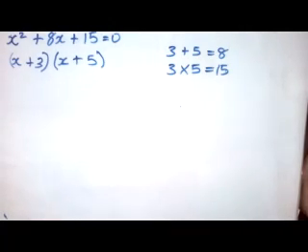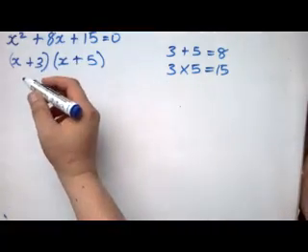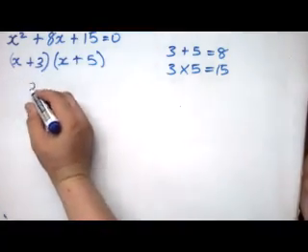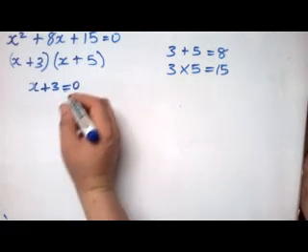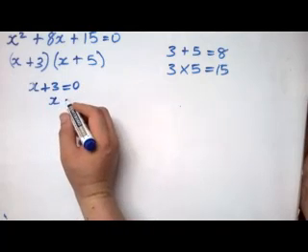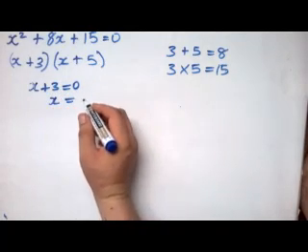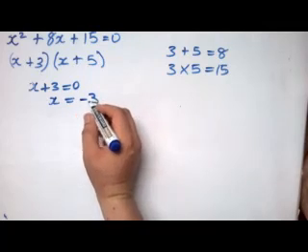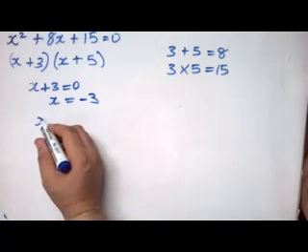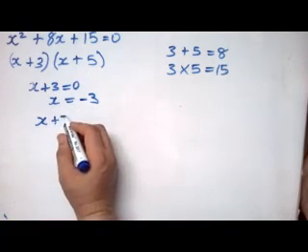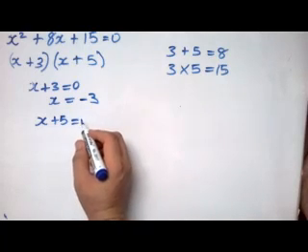The next thing we need to do is to take each of the brackets and solve for x. If we take the first bracket, we'll have x plus 3 equal to 0. So that x is alone, the plus 3 will cross over to become minus 3. For the second equation, you have x plus 5 equal to 0.